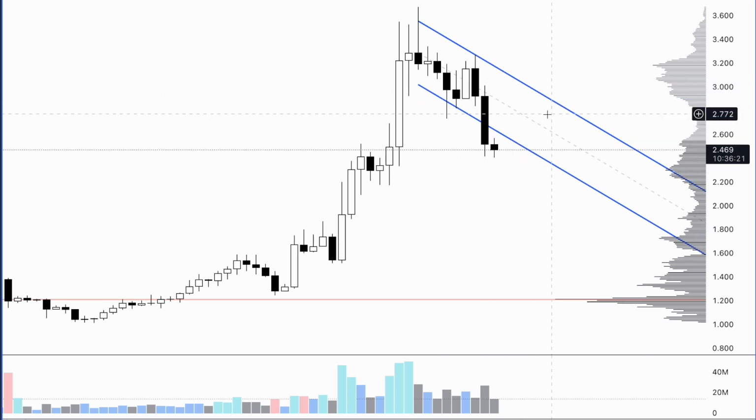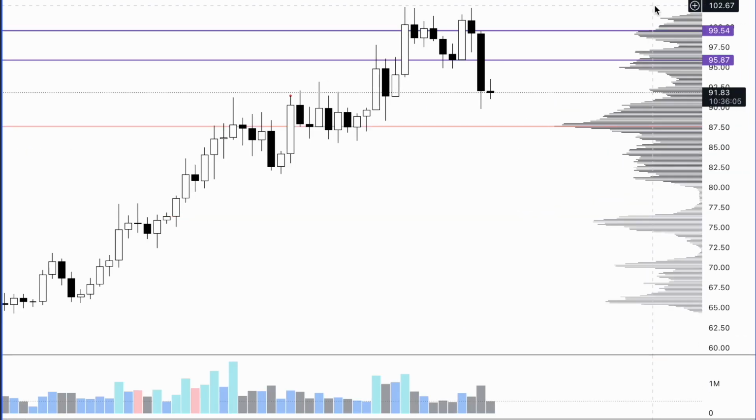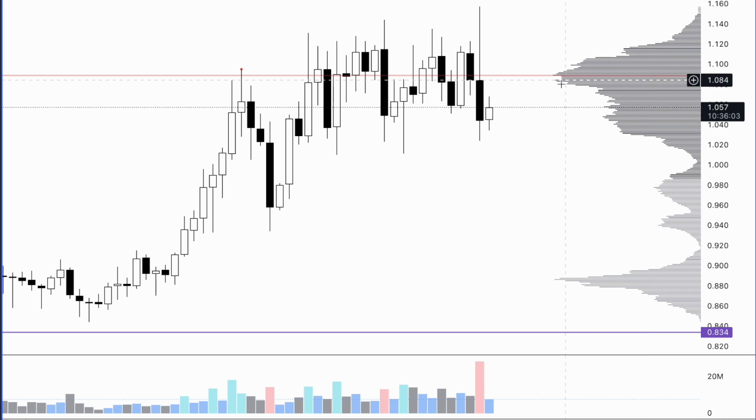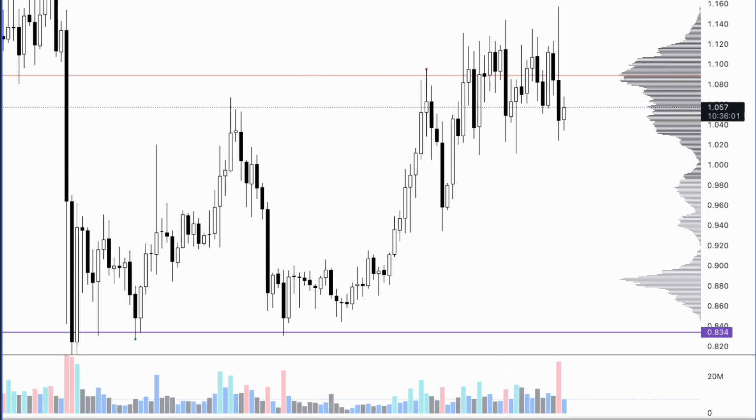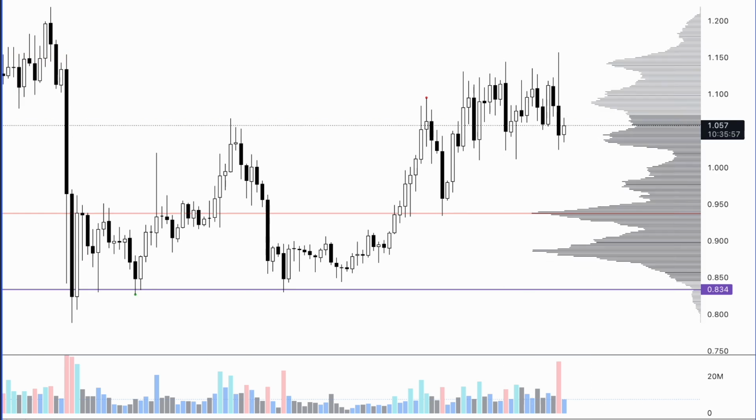I posted that on the Discord. Once you lost that channel, it should be good. Now it's got this little support area right here, so I would expect it to test a little bit lower before a bounce. But yeah, I just kind of scroll through and see what looks interesting, and I almost always do it on a daily.